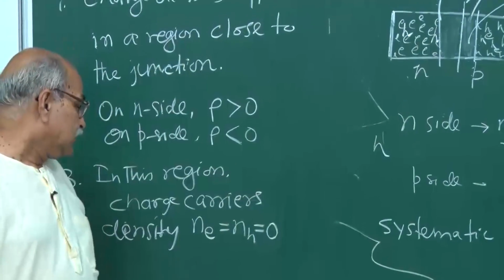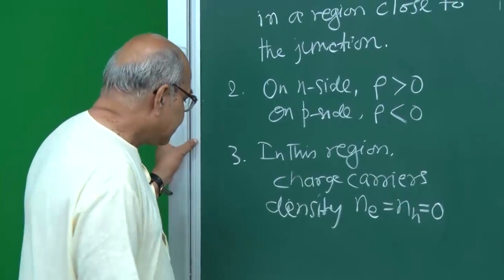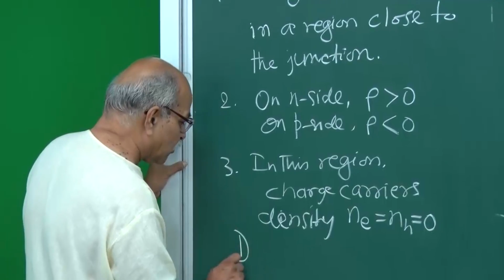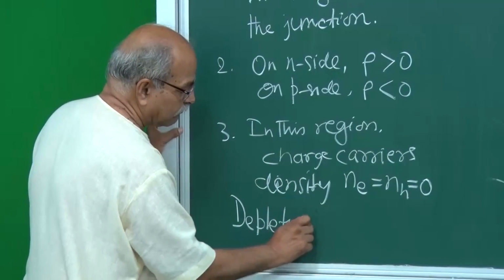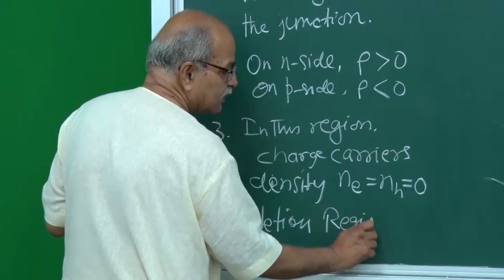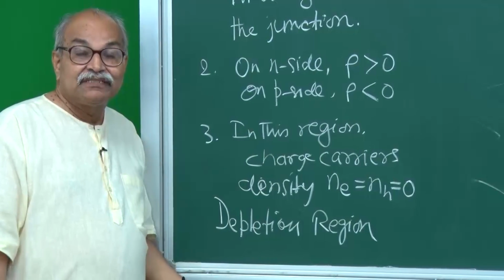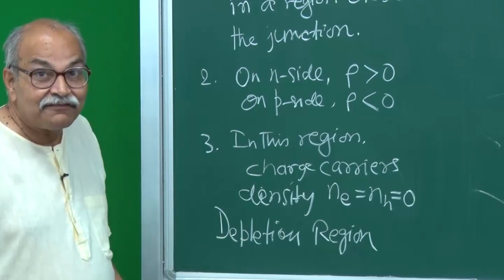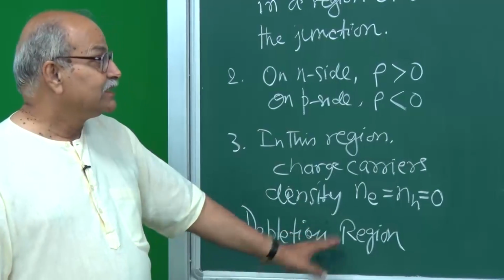This particular region is known as the depletion region. This is the region which is depleted of charge carriers. It does not have charge carriers, that is why it is known as the depletion region.